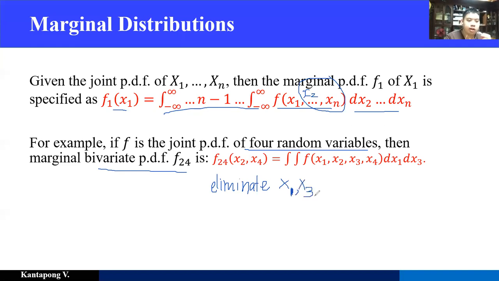Because we have this as a function of x1, x2, x3, and x4, we have to eliminate x1 by integrating with respect to x1. And then we integrate another layer to get rid of x3.